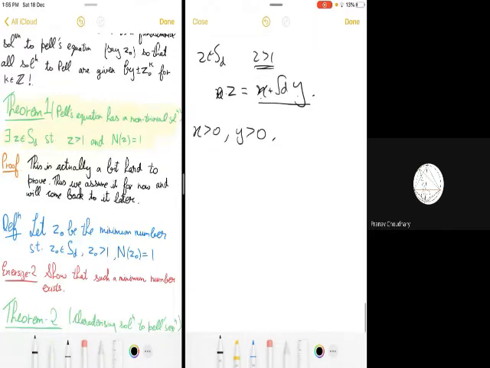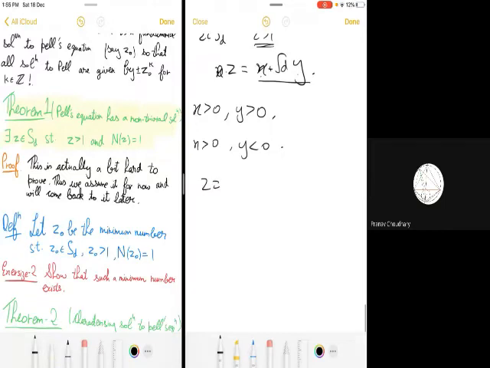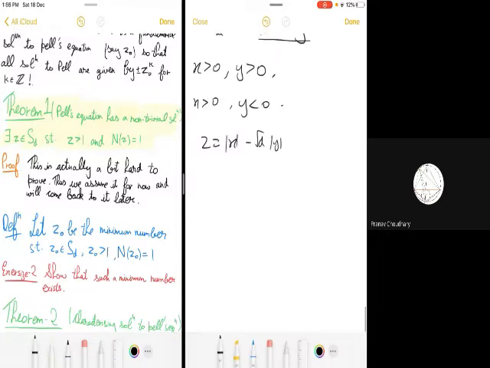Suppose, let's take this case, then z is x minus root d times the absolute value of y, like this is minus y, so these are positive. But z also satisfies Pell, so the norm of z equals 1. So x minus root d y times x plus root d y is 1.